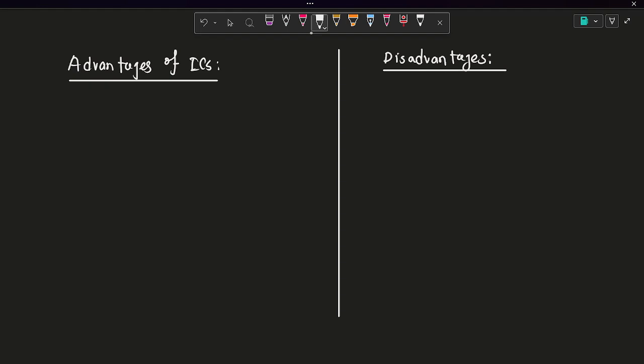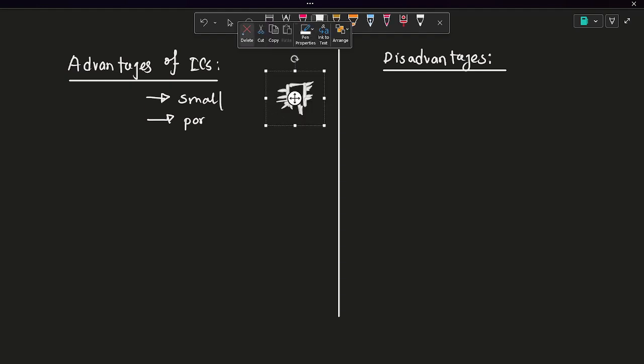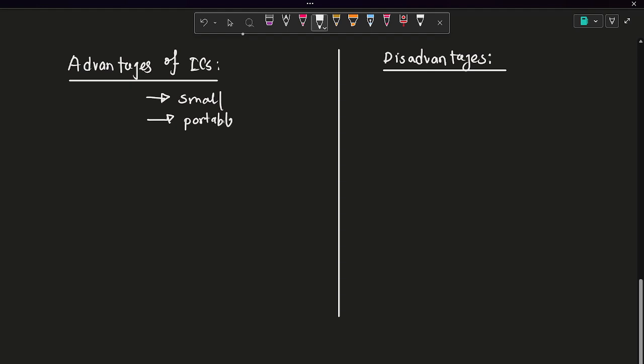So why do we need ICs? Because it is small, definitely, as we are combining millions and billions of transistors in a very small semiconductor material or chip. This is portable because we have all seen our processors, right? How small they are. As this occupies very little space, it is convenient for us to carry, right?